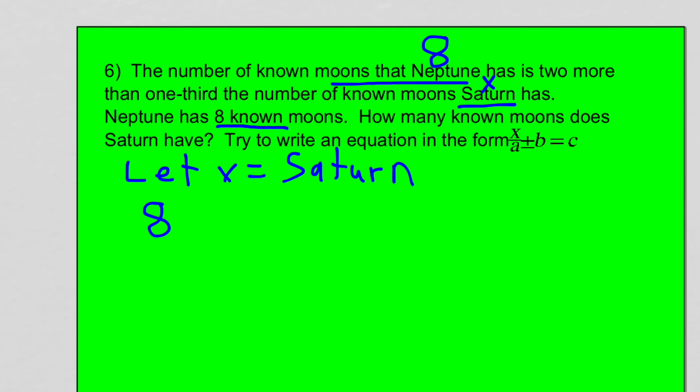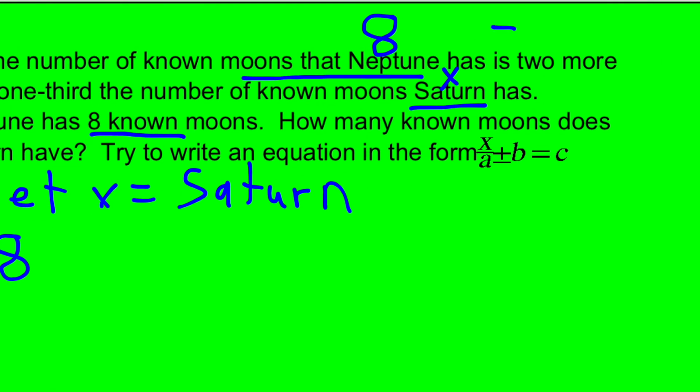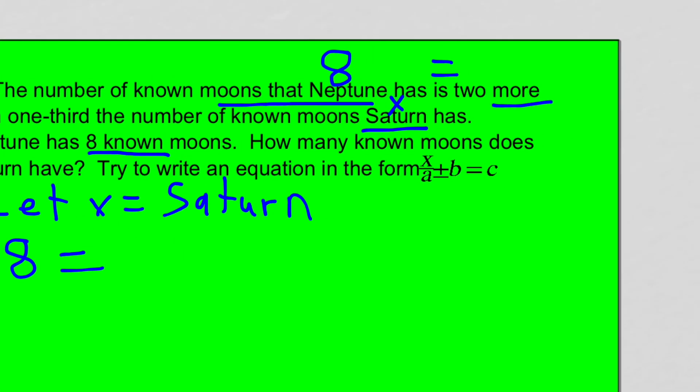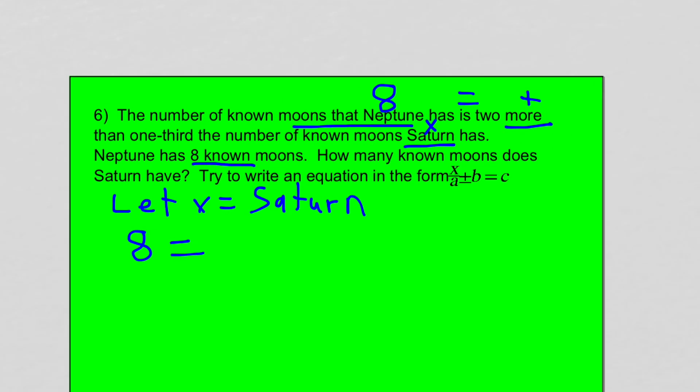8. Is. Well, is often means equals. So let's write equals. 2 more than. More than usually means plus. 1/3 the number of known moons that Saturn has. And we said Saturn is x. So 1/3 of x. Well, a simpler way of saying 1/3 of x is x divided by 3.